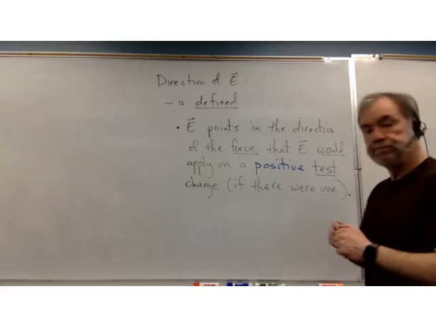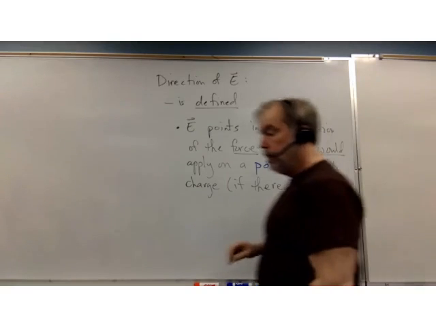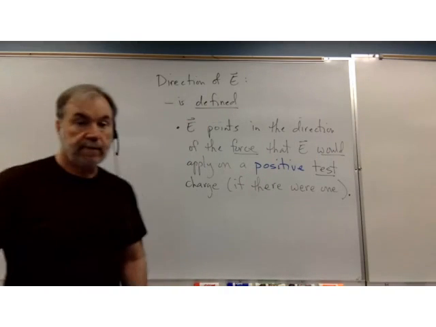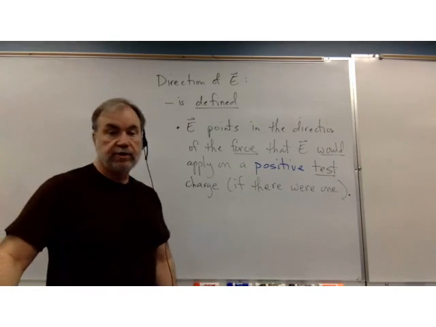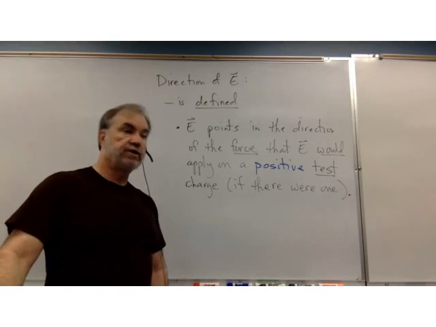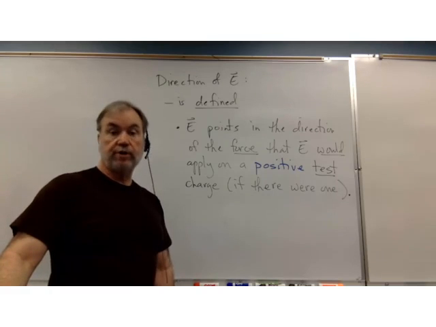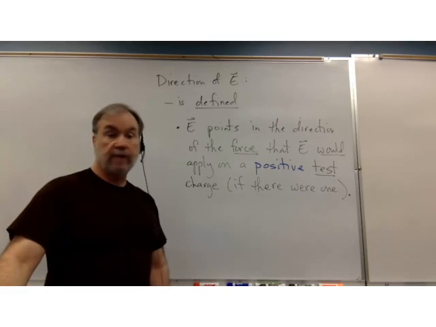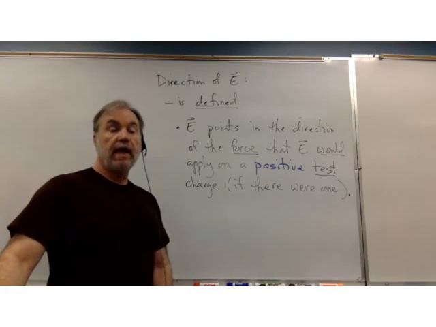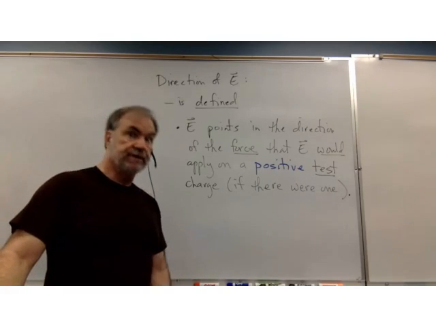In other words, you get a bunch of source charges, some positive, some negative, continuous charge distribution, collection of individual point charges, doesn't matter. They combine to create some net electric field. At every point in space, the electric field has its vector.